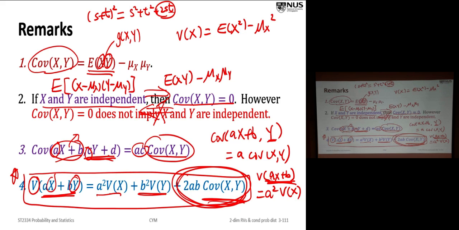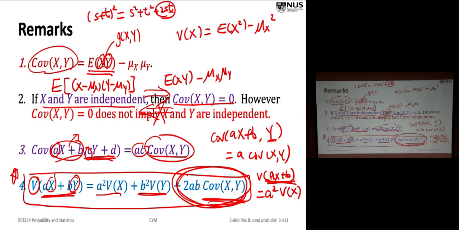I want the variance of this new random variable to be as small as possible. So should I choose a and b of the same sign or of different signs if the covariance of xy is positive?